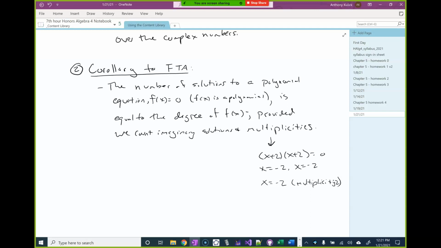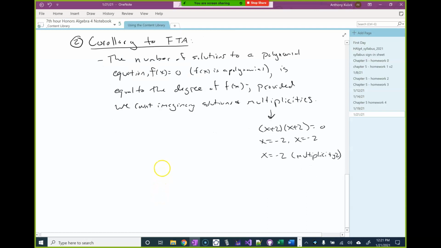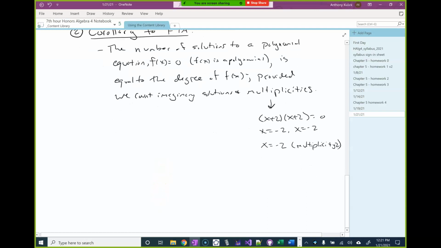So what we're saying is that the degree of the polynomial tells you how many solutions it can have, as long as we're counting the imaginary solutions and the multiplicities. It's going to be exactly that.